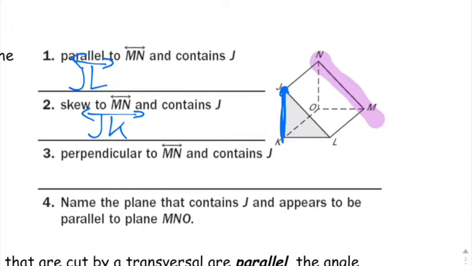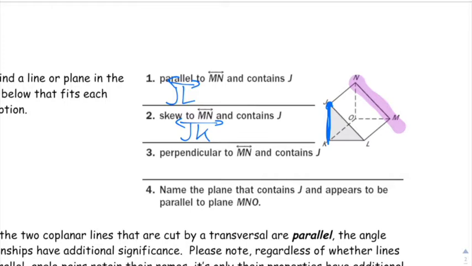Yes, they'll never intersect, but they're actually not in the same plane either. So these are non-coplanar right there. Usually when we think about parallel, usually we think side by side and going in the same direction, but these never intersect, but they're not necessarily going in the same direction. So kind of a weird concept there.